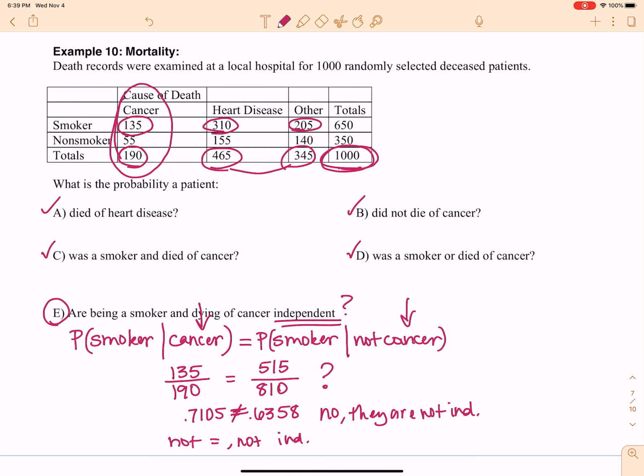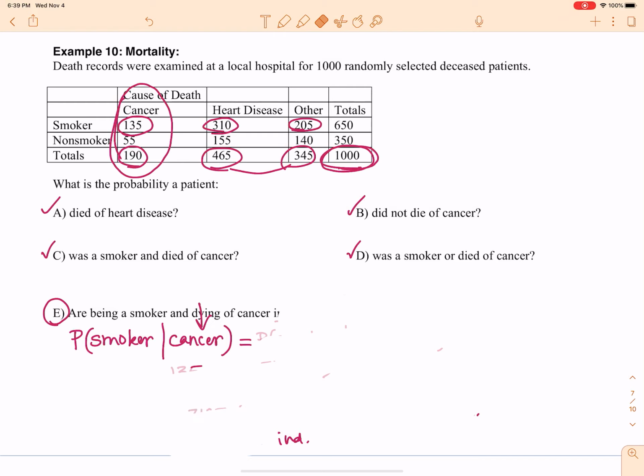All right, if I had set it up in a different way, let's say I set it up this way, the probability of being a smoker. Same thing over here, 135 over 190.